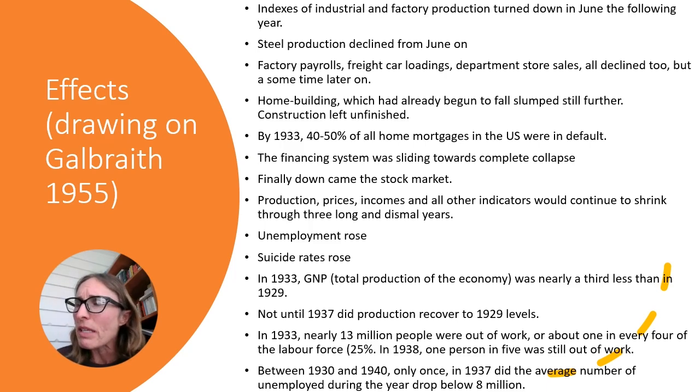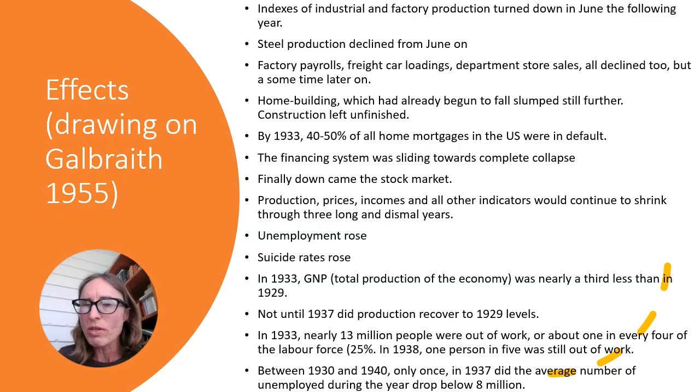Home building, which had already begun to slump, slumped still further, and there was a lot of construction that was simply left unfinished. By 1933, 40 to 50% of all home mortgages in the US were in default, and the financial system was sliding towards complete collapse.